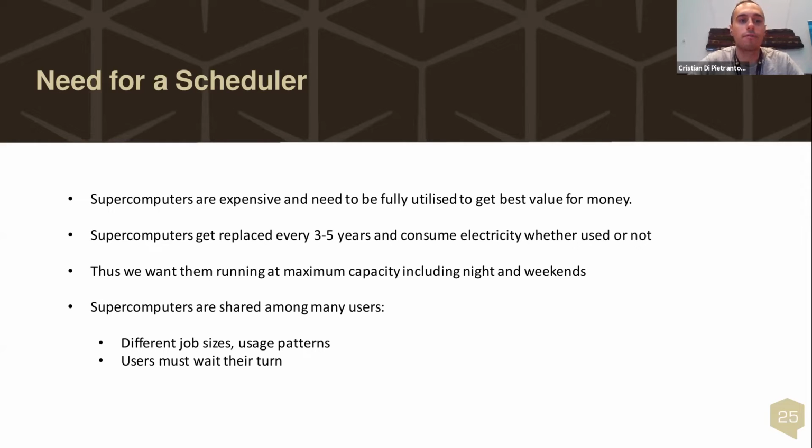And since we want to achieve that objective, and we have many users running many programs with different characteristics, some users may run very large jobs using a lot of CPUs. Other users need a lot of memory, and so on. We have different usage patterns. Running programs on a supercomputer requires orchestration.